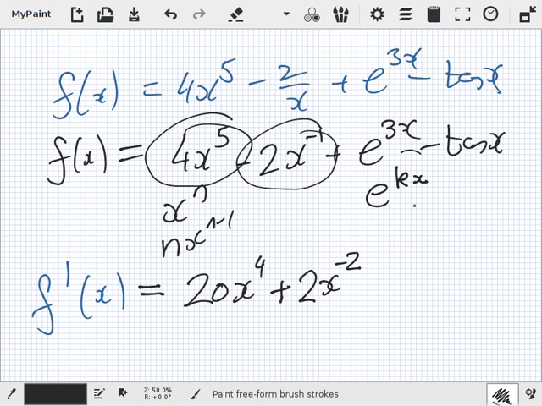There is one. So what do you do for e^(kx)? 3 times. Yeah. And then lastly, tan x? tan x is 1 over cosine squared x.